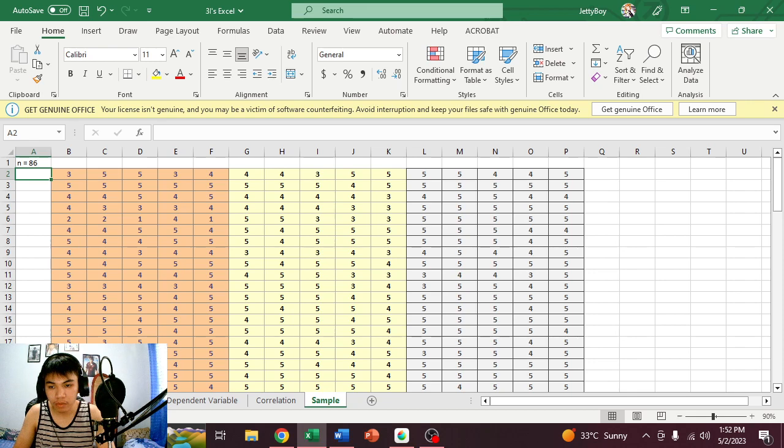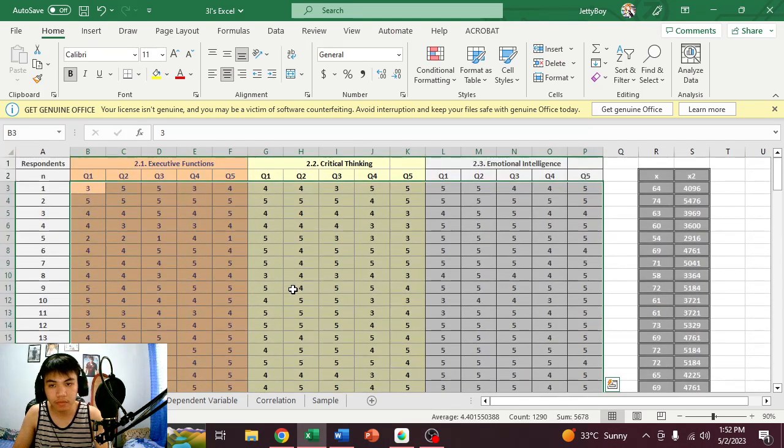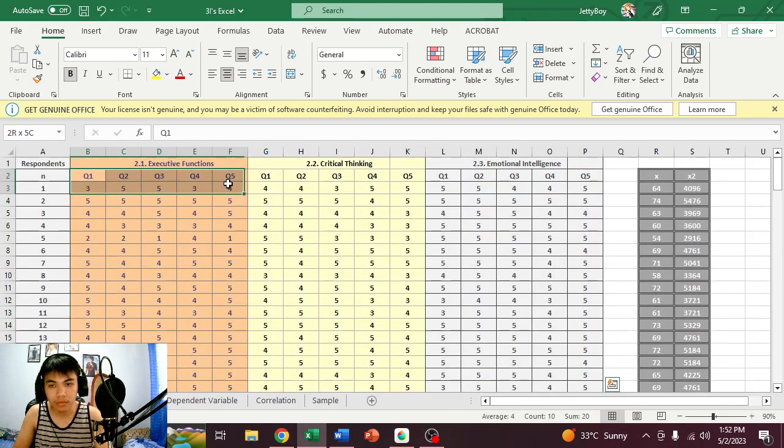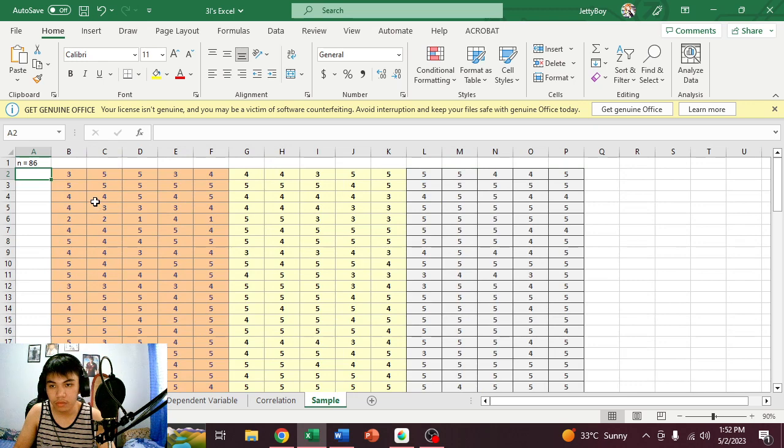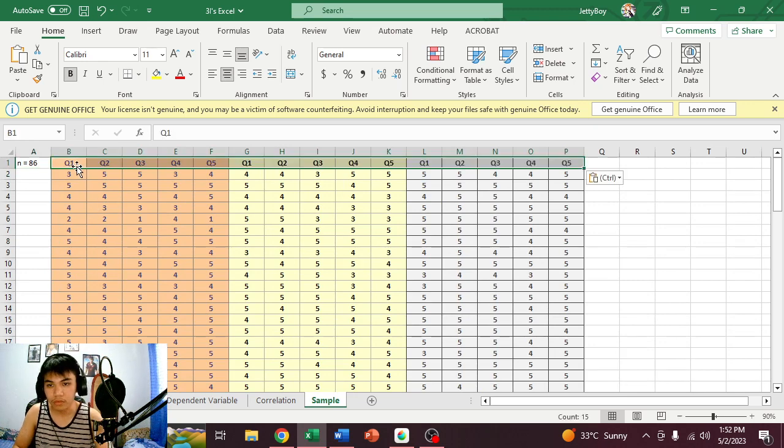And now, okay, para hindi tayo malito. This is the x variable, the x on the x-axis.